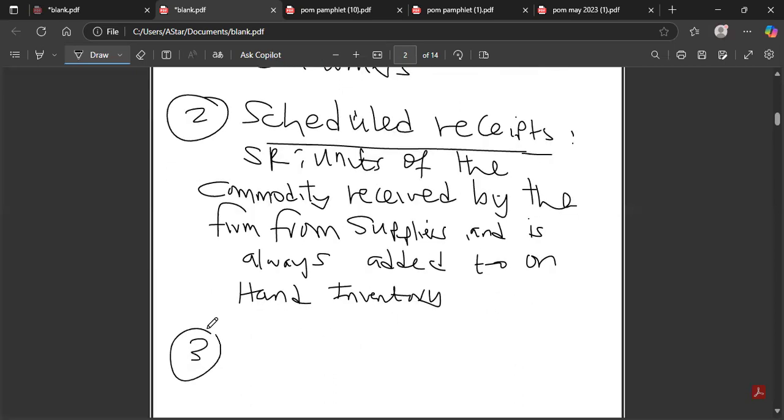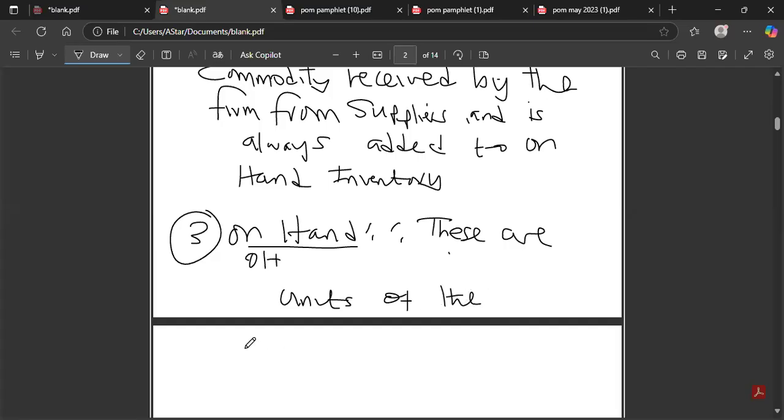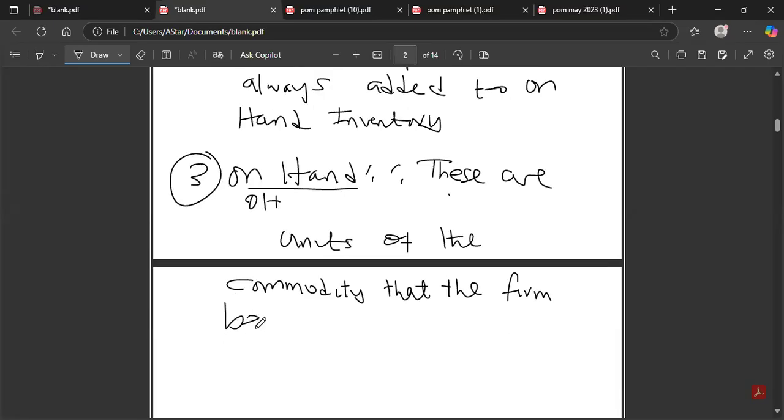Then we have on-hand. So this is OH. On-hand, these are units of the commodity that the firm begins with.